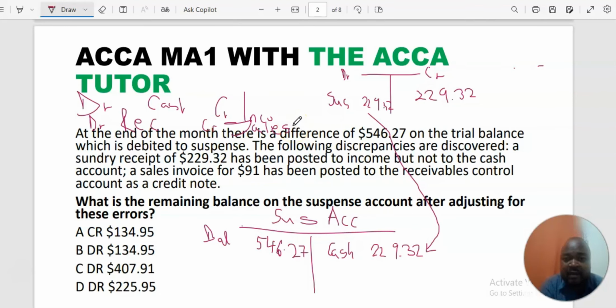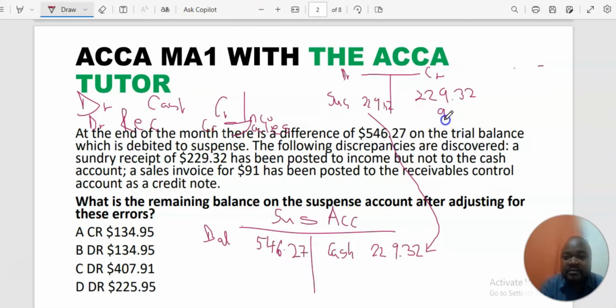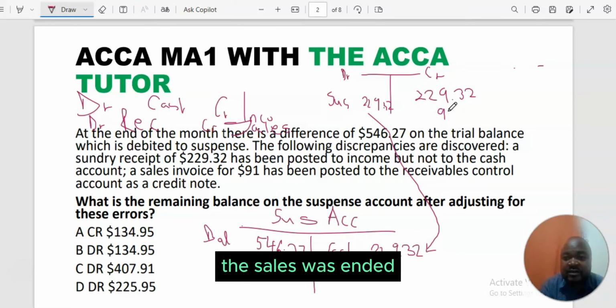Are we together? So the sales was entered correctly.